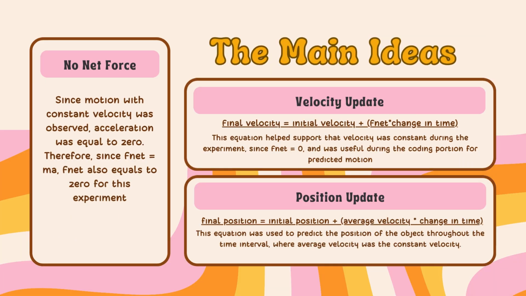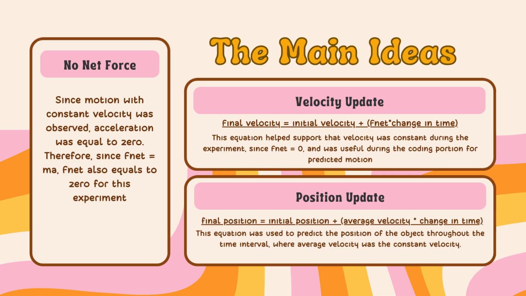So some of the main ideas were that there's no net force since there was a constant velocity. Acceleration was also zero, and so based on the F equals ma formula, F is also zero. We also use the velocity update formula in the GlowScript code, and this helped to support that velocity was constant, and helped us update the ball's position in the while loop.